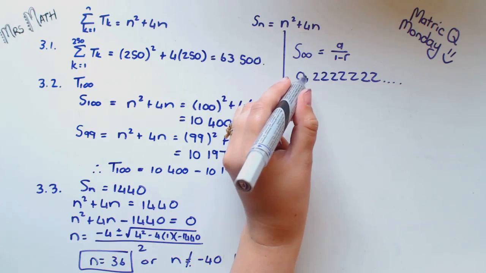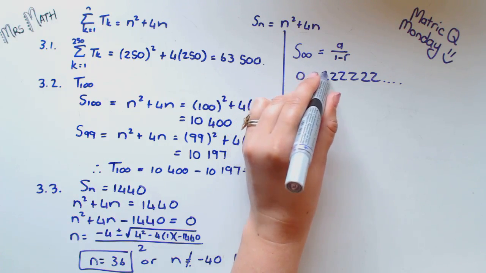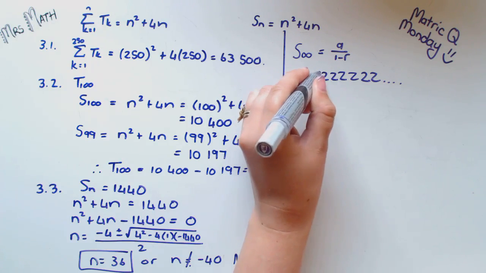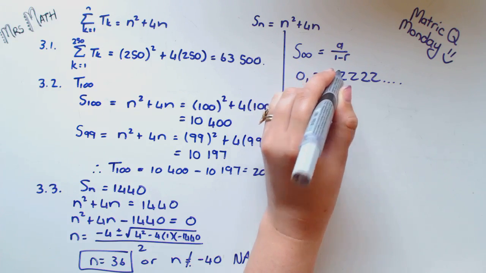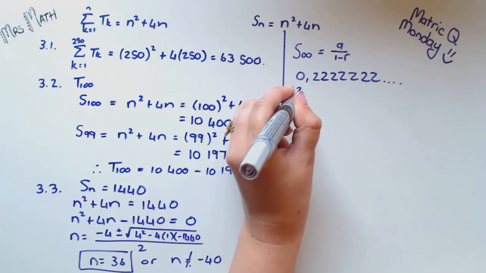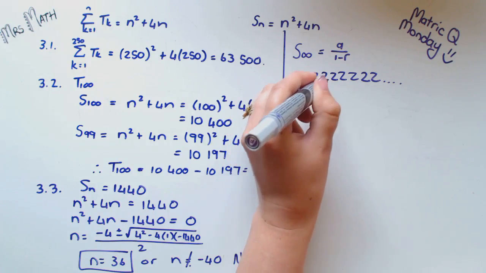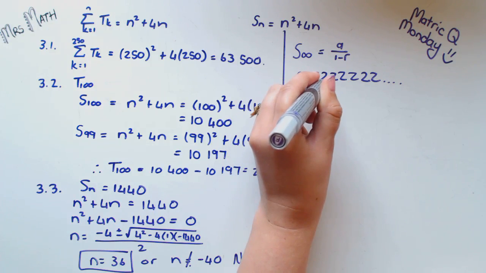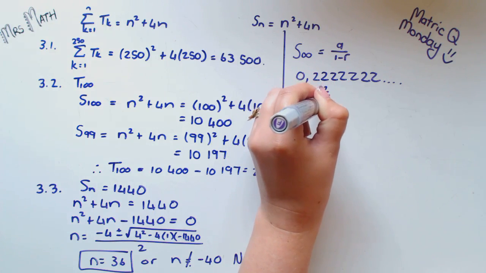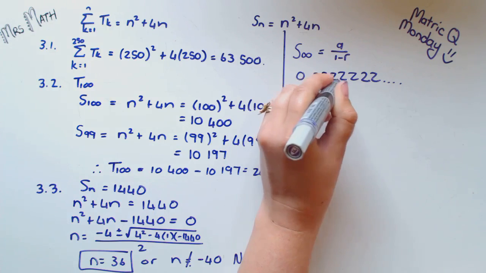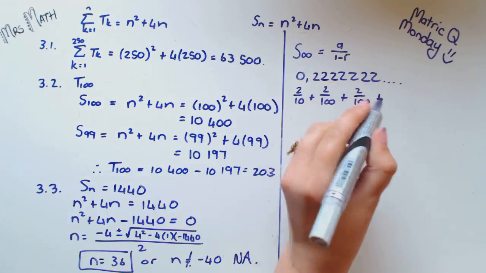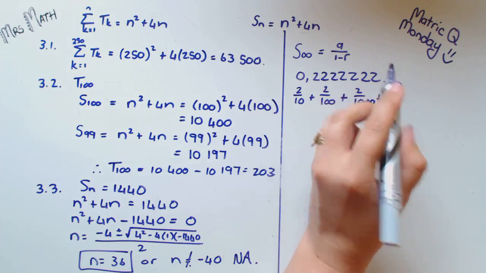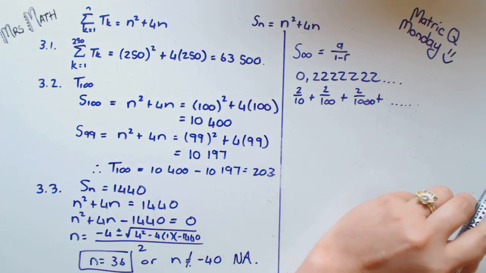Now, I can do this by just writing 0.2 plus 0.02 plus 0.002, which will be 2 over 10, plus 2 over 100, plus 2 over 1,000, and it will continue like that.